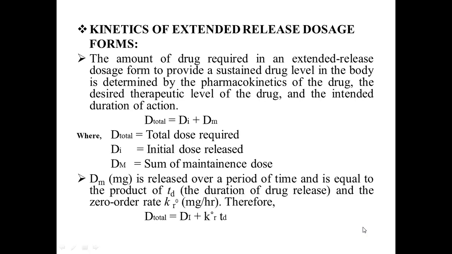D total is equal to Di plus Dm, where D total is the total dose required, Di is the initial dose required, and Dm is the sum of maintenance dose.